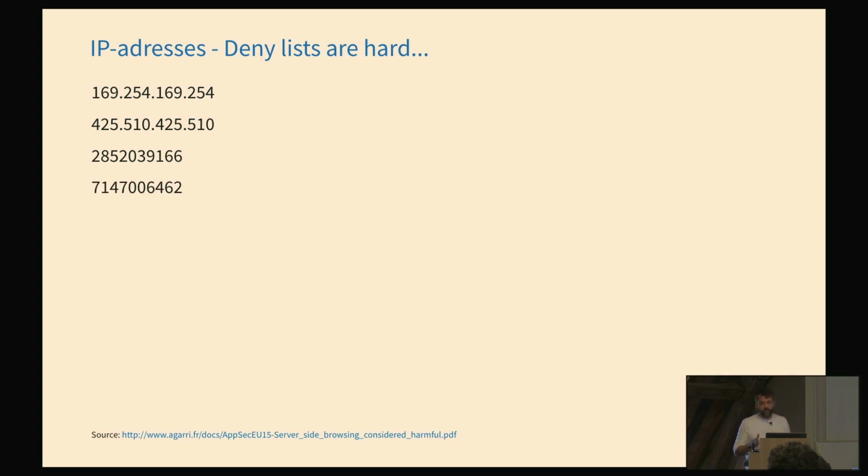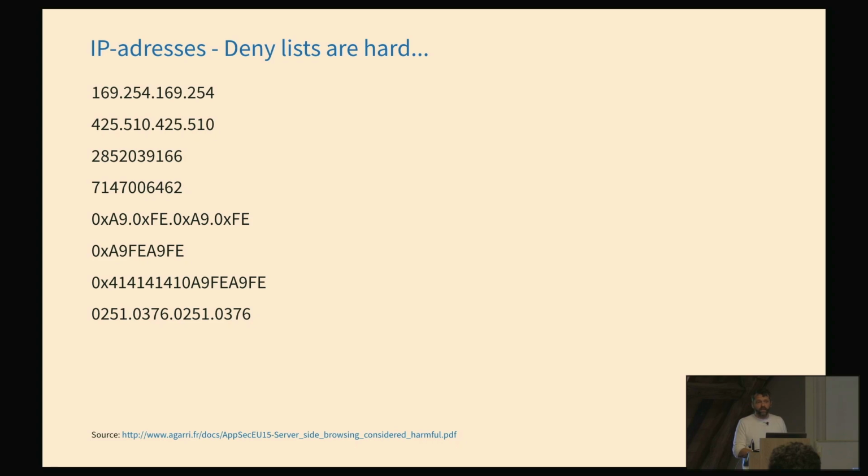Here's a numeric IP with overflow. Here's a hexadecimal IP. Hexadecimal IP without the dots. Hexadecimal IP with overflow and without dots. An octal IP in the 8 system. And again, even with more zeros and stuff just to make it worse.